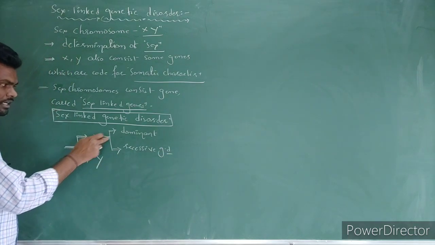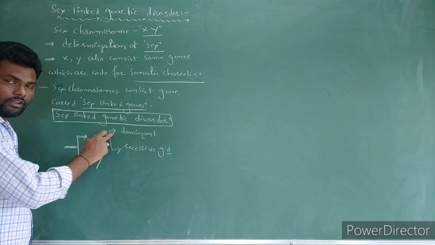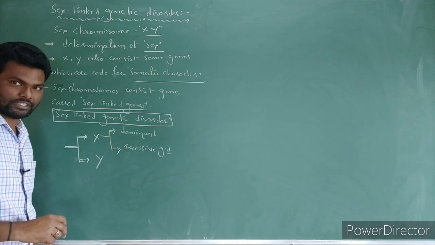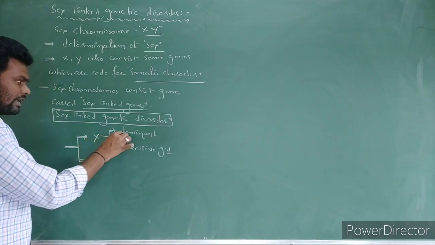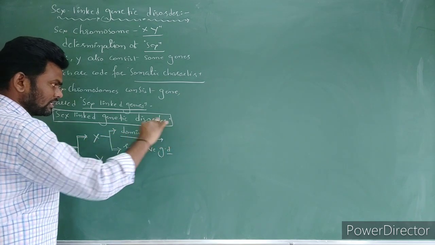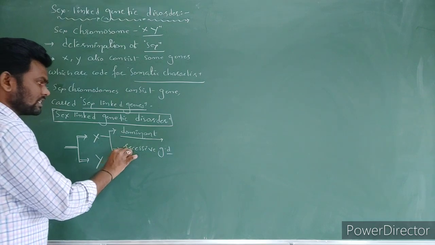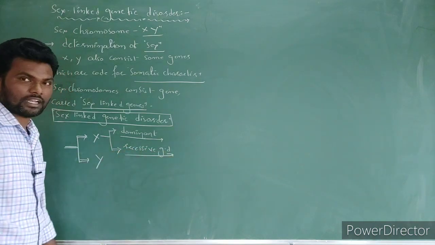Because in females, X and X are in homozygous condition, so there is dominant as well as recessive. That's why I have written X-linked dominant genetic disorders and X-linked recessive genetic disorders.